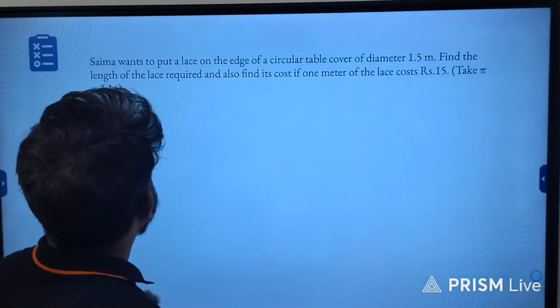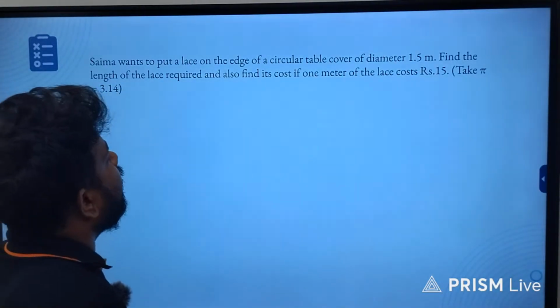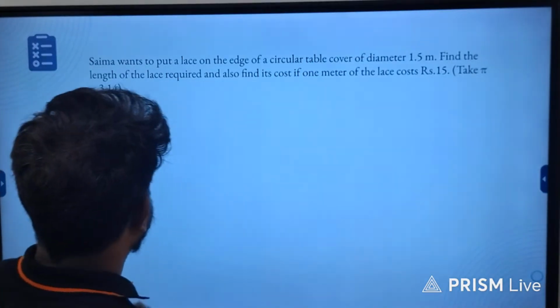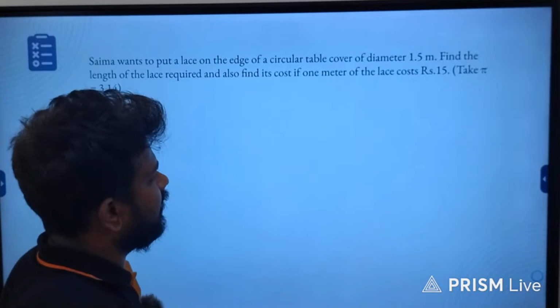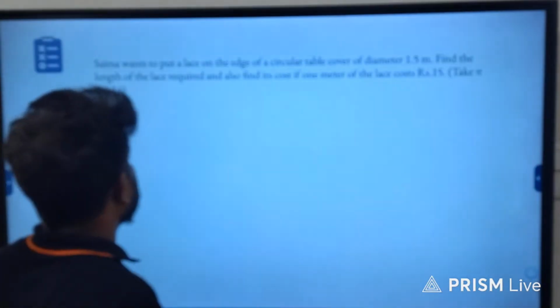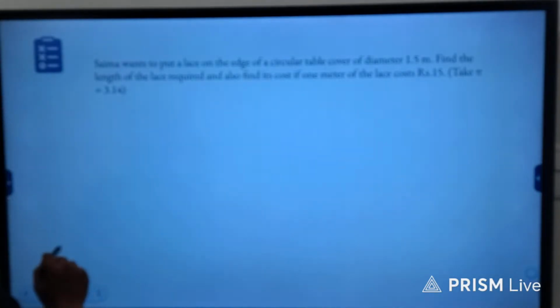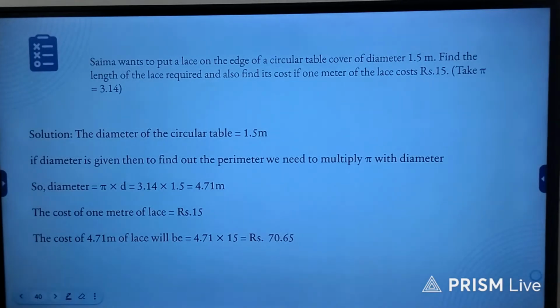Saima wants to put a lace on the edge of a circular table cover of diameter 1.5 meters. Find the length of the lace required and also find its cost if 1 meter of the lace costs rupees 15. Take pi as 3.14.